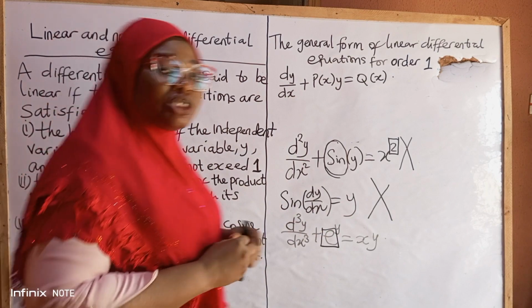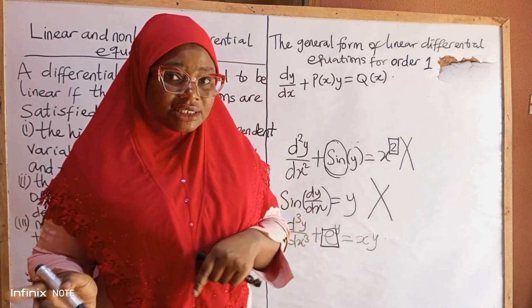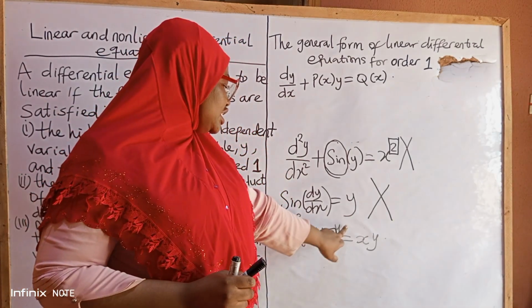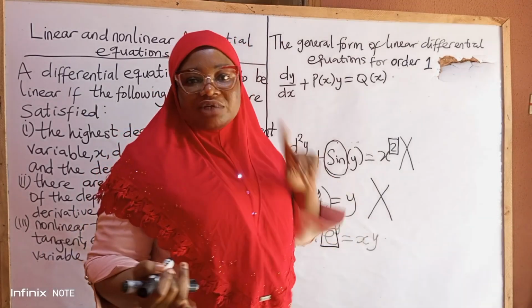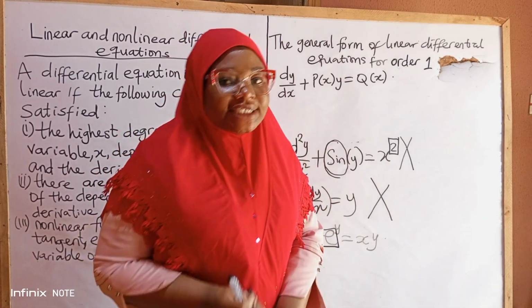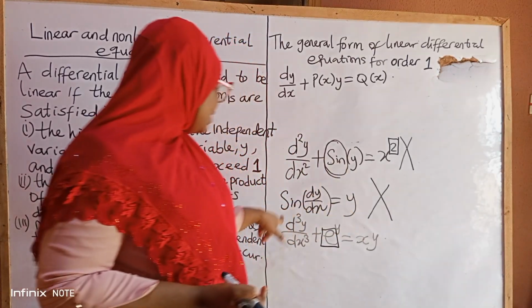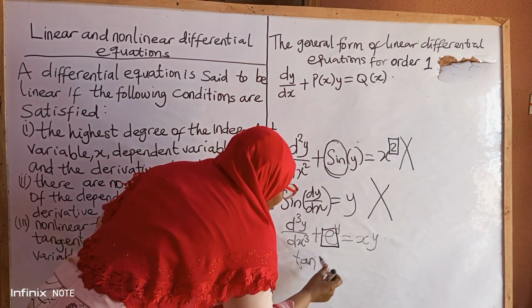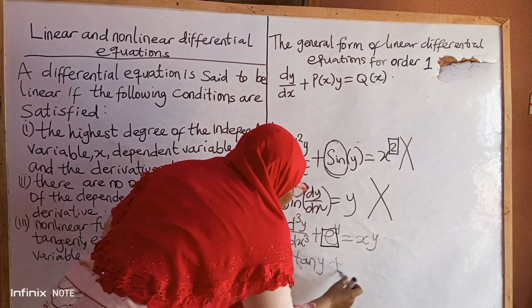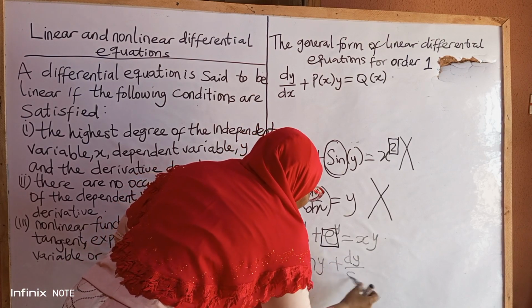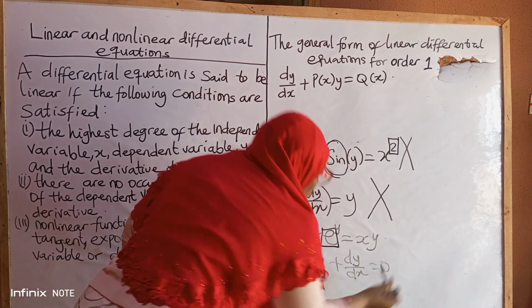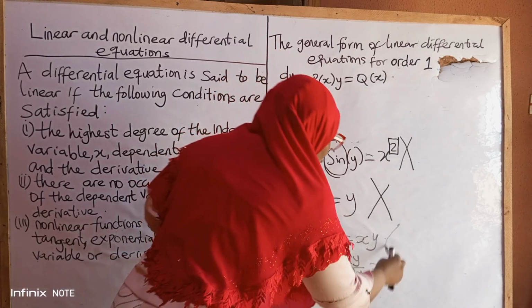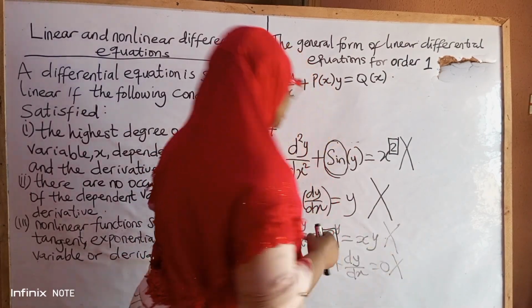Although we can have the exponential of the independent x, you cannot have the exponential of y, you cannot have the exponential of dy/dx, you cannot have a tangent of y plus dy/dx equals 0. All these ones, they are not linear differential equations.